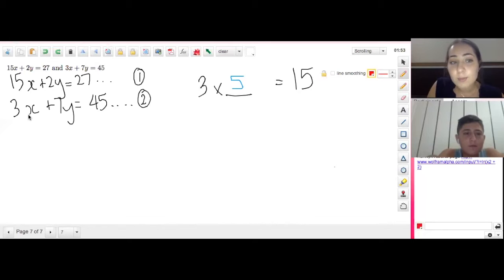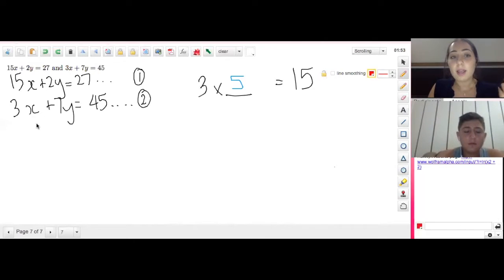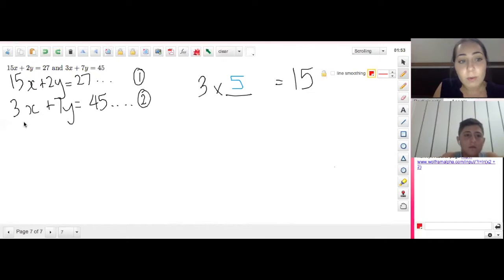But what that means is we have to multiply every single term in the equation by the same constant in order to ensure that we don't change the equation. So we have to multiply equation 2 by the factor of 5, and we multiply each term by that factor.